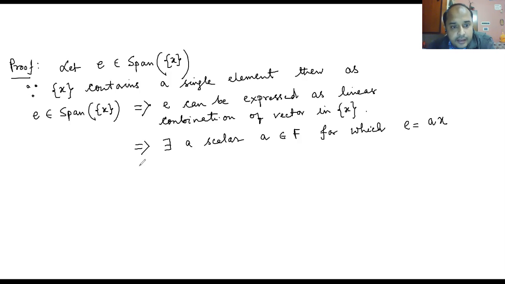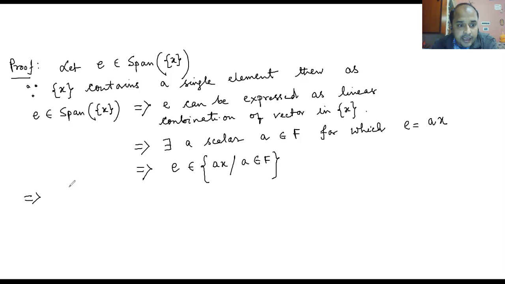And this implies that E can be treated as a member of the set {AX such that A belongs to F}. Therefore, E belongs to span of X implies E belongs to this set, and therefore span of X is a subset of {AX, A belonging to F}.